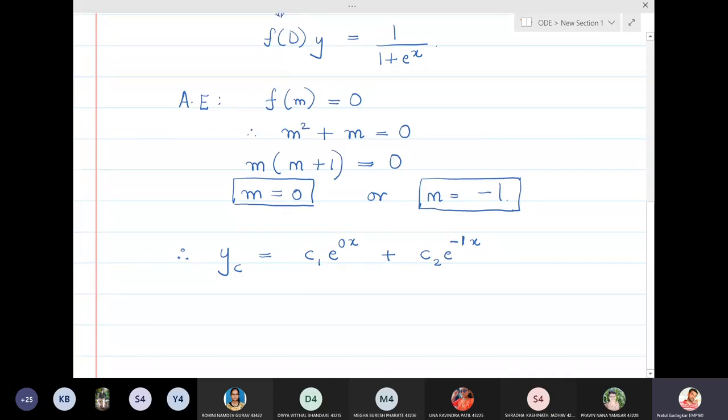Therefore yc simplifies to c1 + c2 e^(-x), because e^0 is 1. So this is the complementary part.